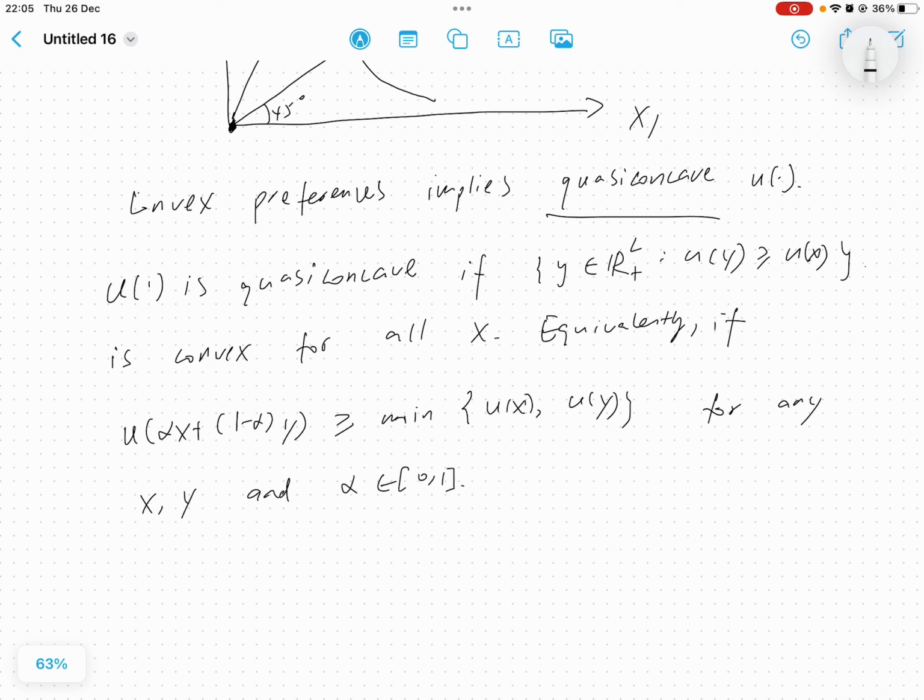And if the inequality is strict, then this is a strict quasi-concavity. Good.